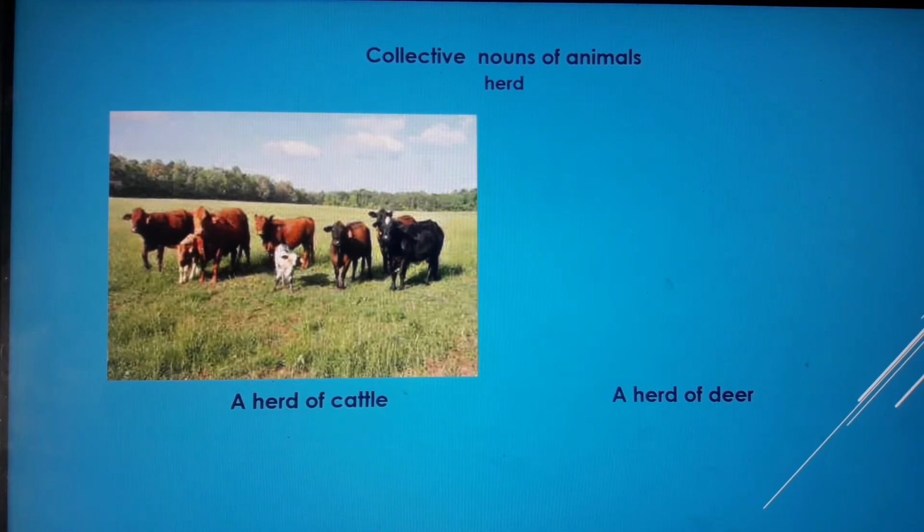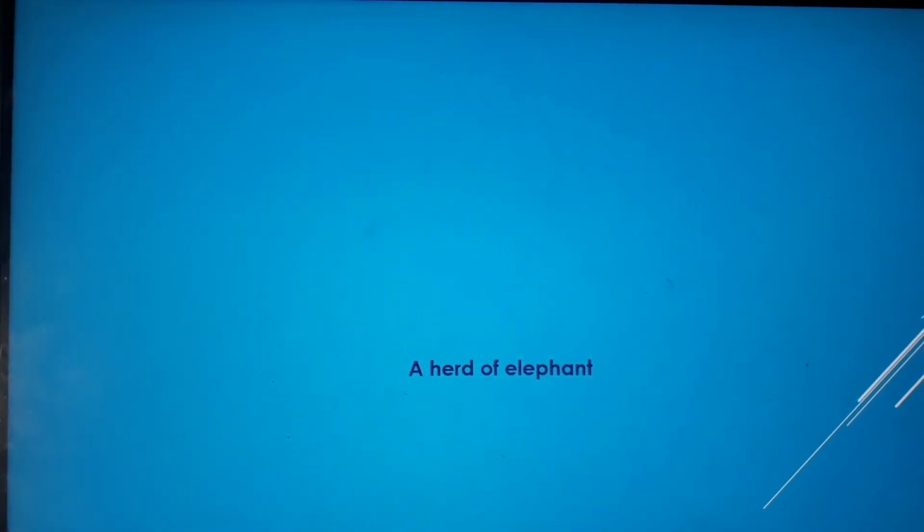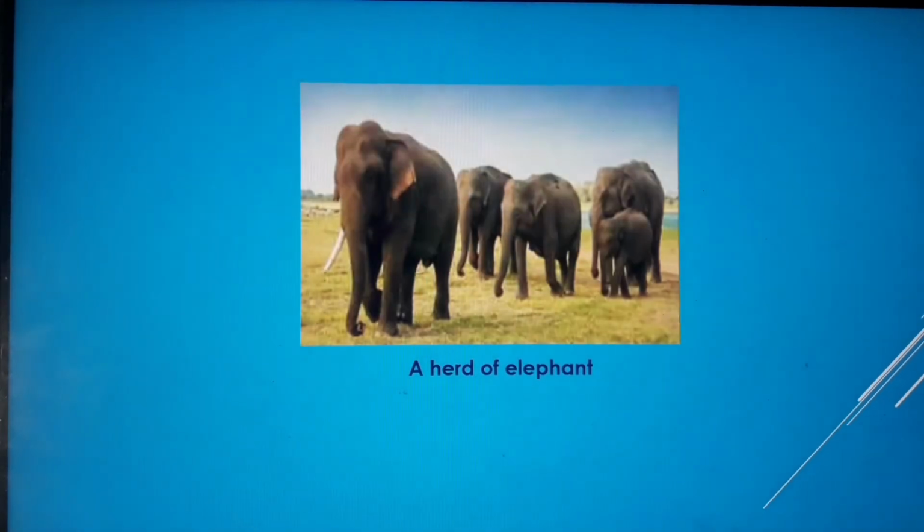So herd of cattle, that is the collective noun. The next one, herd of deer. So many deer are here. So a herd of deer, that is the collective noun. Next, a herd of elephants. So the elephants are together. The collective noun, a herd of elephants.